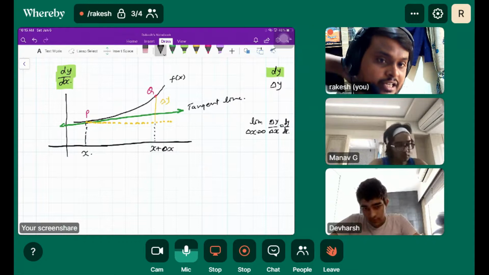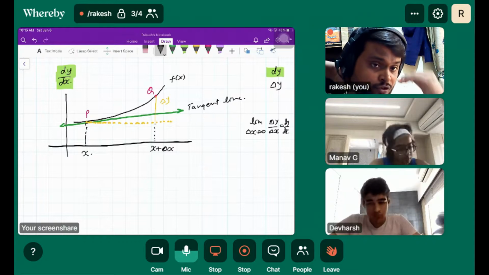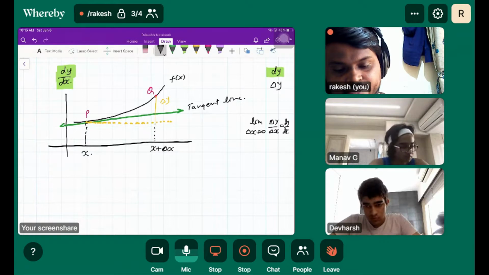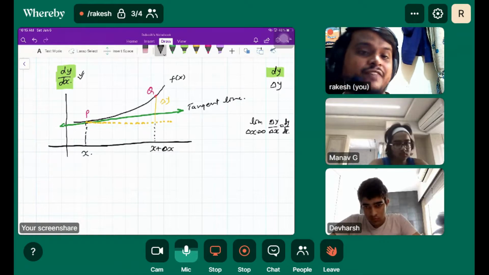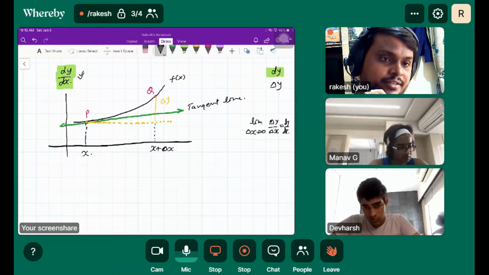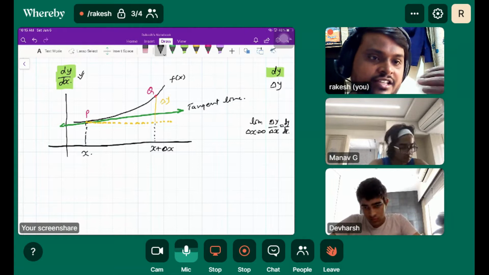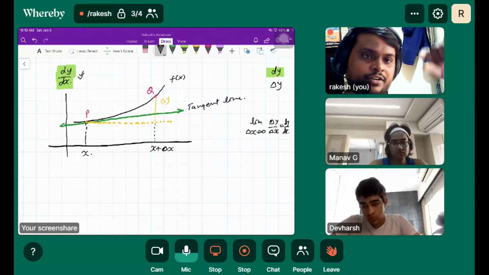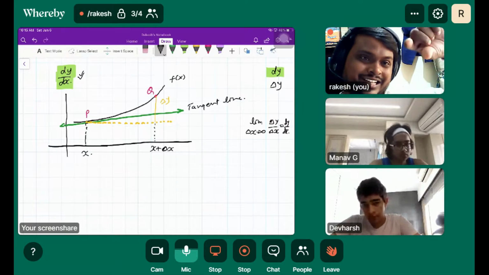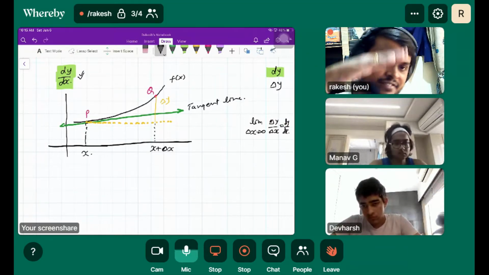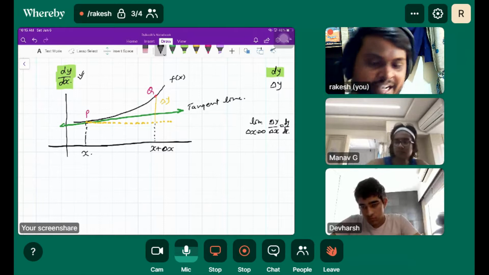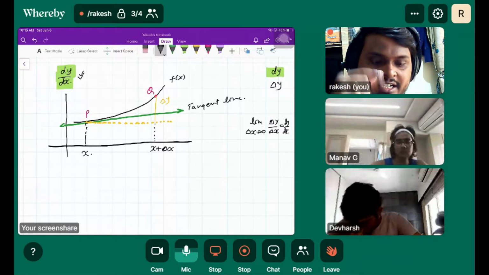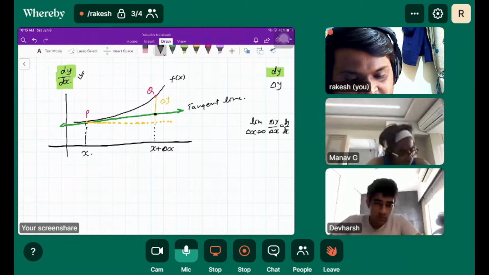So if you are talking about the derivative, dy by dx, we are basically finding the derivative of the tangent line. That is not the exact change in the curve. Are you getting that? Because the tangent line has a different height. At x plus delta x, the tangent line is here.